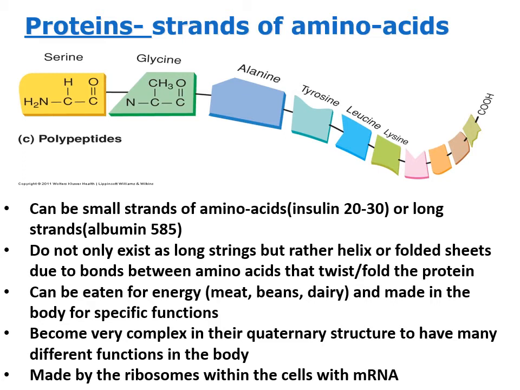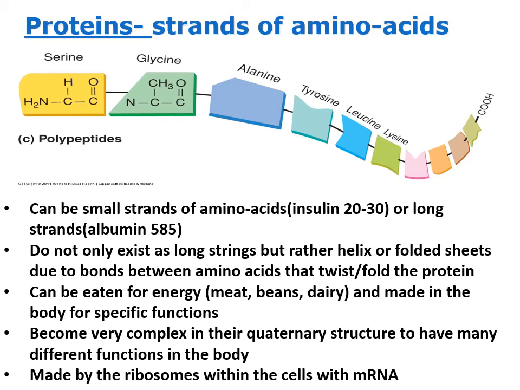So as mentioned before, protein can be eaten, whether it's in the form of meat, beans, dairy. The body will take that, usually just break them down back to the amino acids, because the body wants its own proteins. And once it's made its own long strand of proteins, the proteins themselves, because of different electron charges, will fold and turn and have a very specific shape to them.